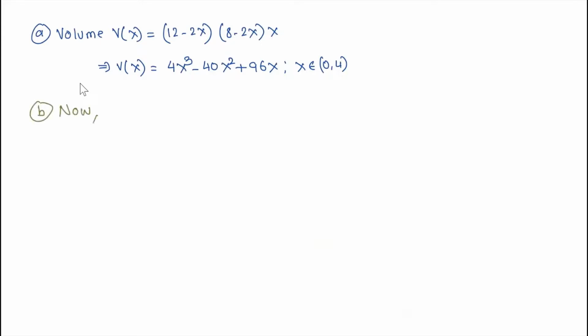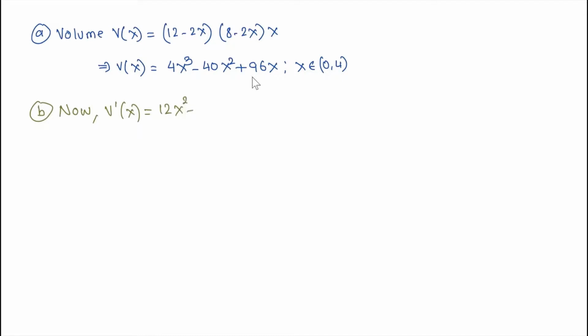Now the first derivative of the function, if we use the power rule, this 3 will come down. So 4 times 3 will be 12x squared, because we reduce the power by 1.